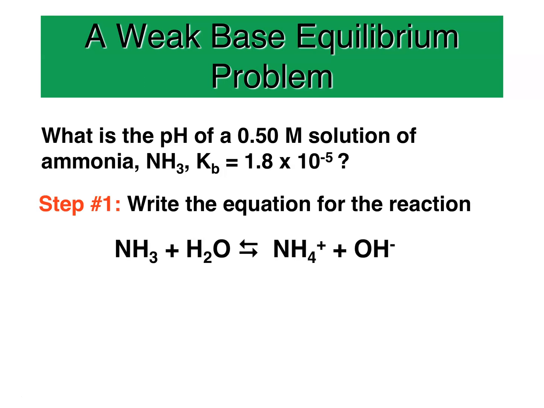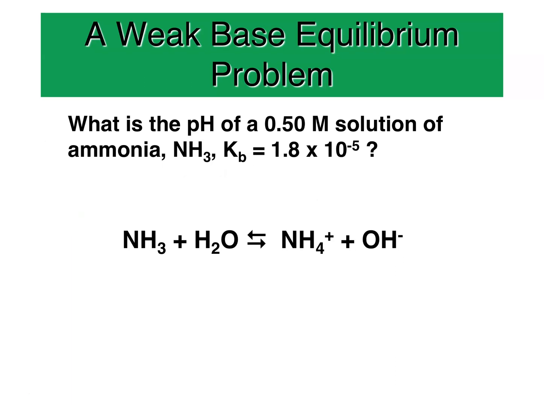So here's my equation. We get hydroxide. By performing the same steps as for a weak acid, the x value that I solve for will represent hydroxide ion. Hopefully you can see what the one difference is.